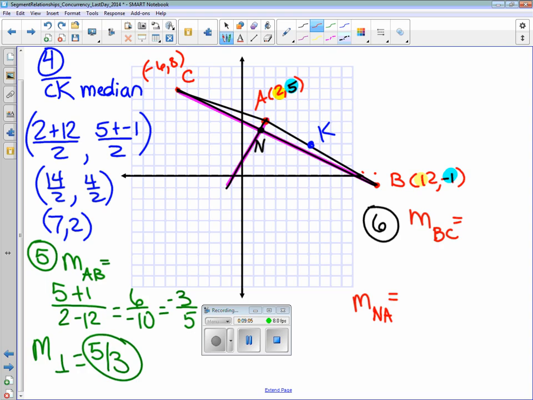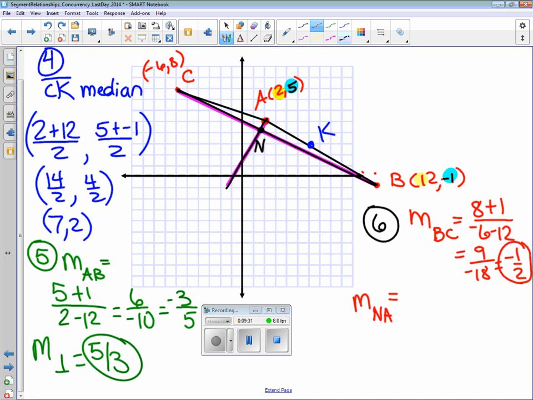Let's find the slope of BC. So what do we have? 8 minus a negative 1, and negative 6 minus 12. 9 over negative 18, or negative 1/2. Get that?